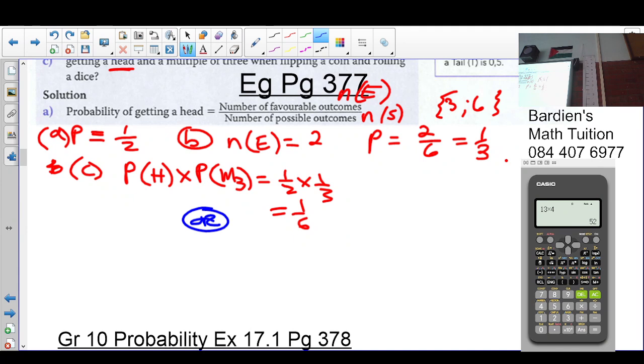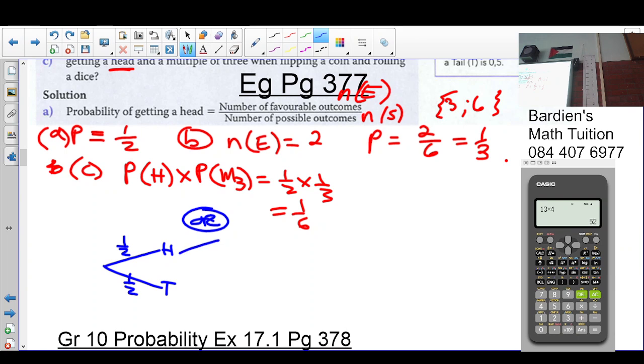For a tree diagram, you can either go with flipping the coin first or rolling the die. It doesn't matter. So for flipping the coin, what are my outcomes? It can either be heads or tails. So what are the weightings on the branches? Half. Half plus half is 1.